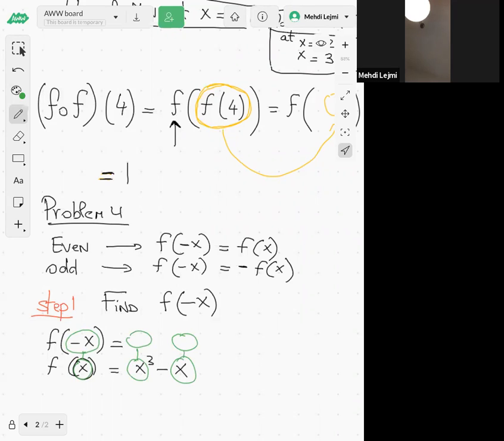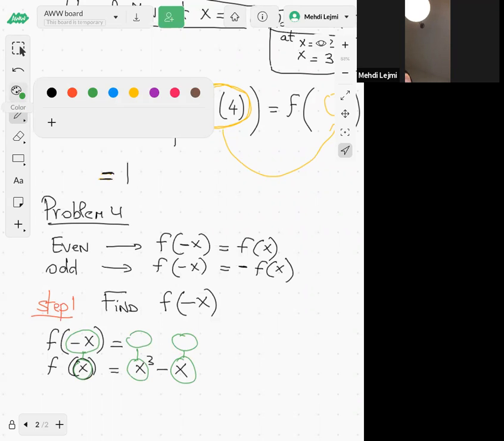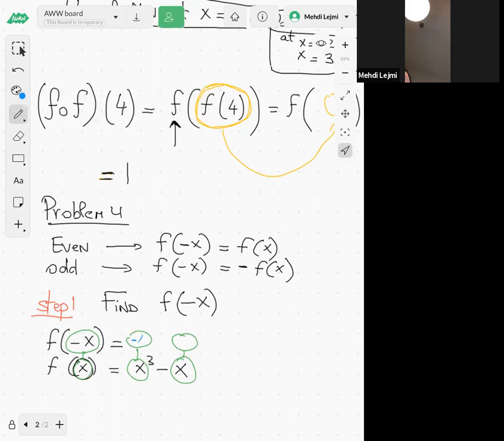The circles are like parentheses. So inside the parentheses I have minus x, and inside the other parentheses I have another minus x. Now, what do we have outside the parentheses? Outside I have a cube and I have this minus, right?